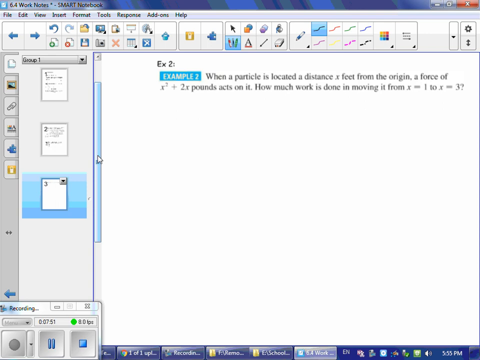So work is going to be the integral. We're going from x equals 1 to x equals 3. So how much work am I going to have to do over that interval? And my function, which is going to be creating the force, is x squared plus 2x.